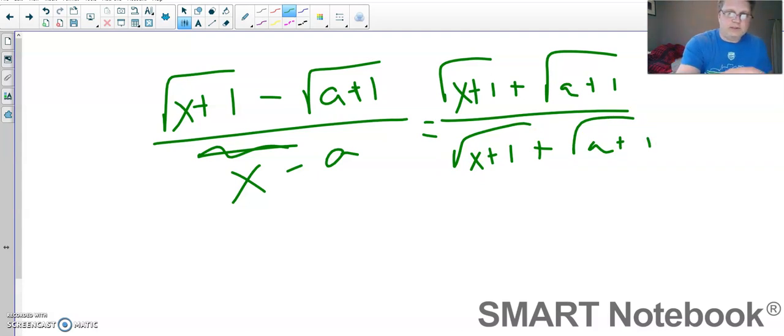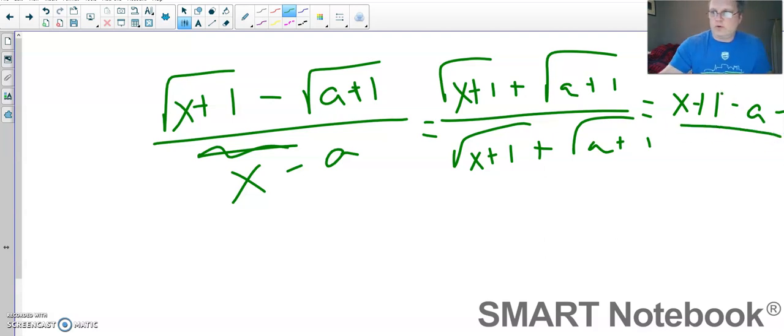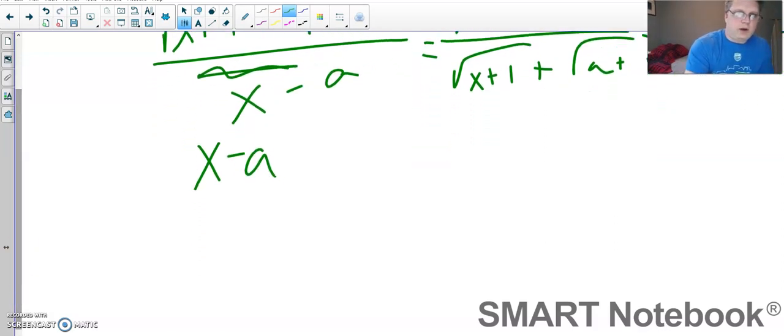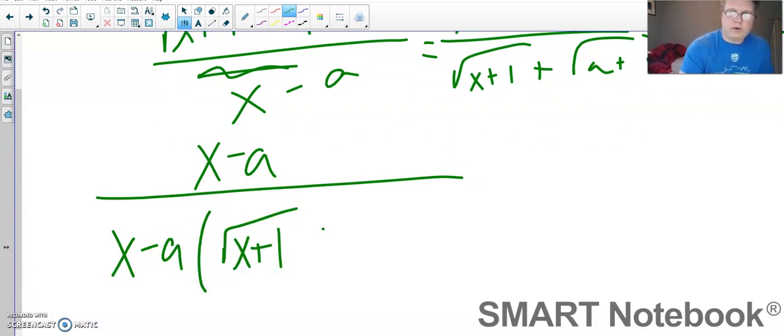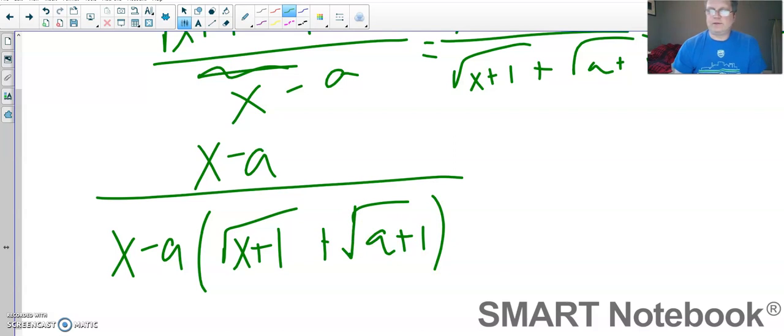So what happens is, remember, they're a conjugate pair. So it's x plus 1 minus a minus 1. I don't know if you can see that. So the 1's will cancel, and in the numerator you're left with x minus a, all over x minus a times square root of x plus 1 plus square root of a plus 1. I know, kind of crazy. I'm going to give you something like this.